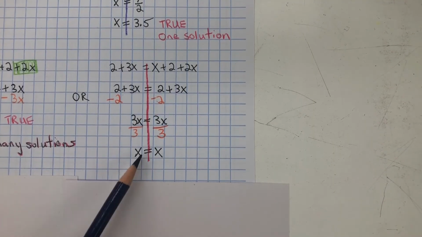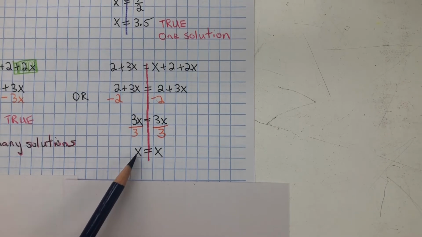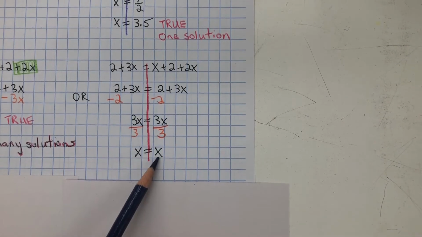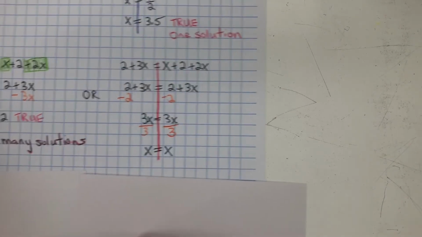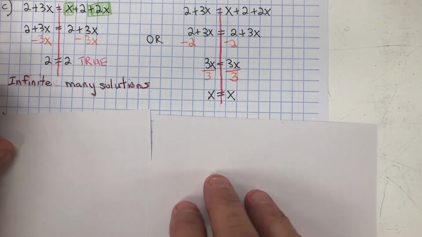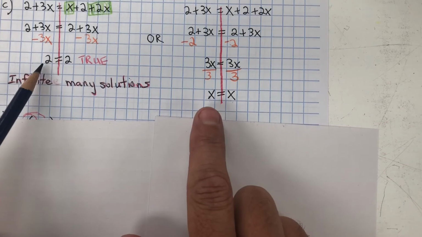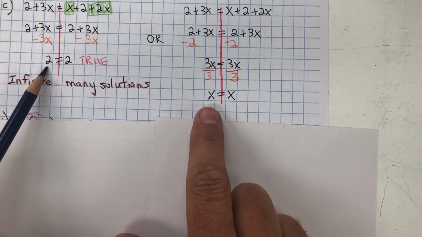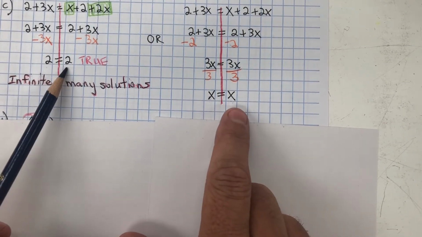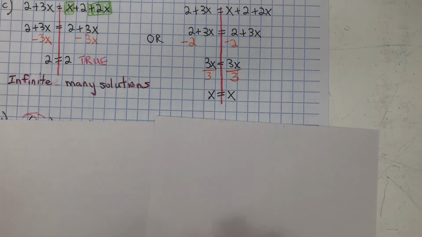And you can clearly see why it's infinitely many solutions, because no matter what I put on the left side, if x is 1,000,000, the right side's going to be 1,000,000. If x is negative 4, the right side will be negative 4. So infinitely many solutions. If you have the same terms on the left side as you do on the right side, infinitely many solutions, or all numbers.